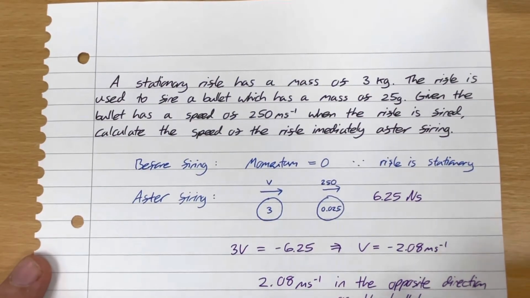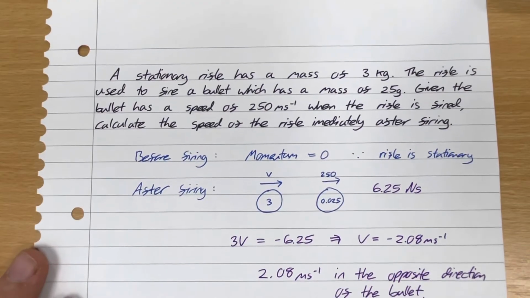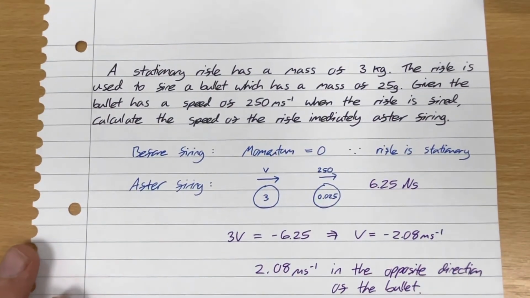Okay, then it doesn't matter which way my diagram is facing, because if my bullet went to the left, the gun would go to the right, and if the bullet went to the right, then the gun would go to the left. Okay, and that would be the speed of the rifle immediately after firing.